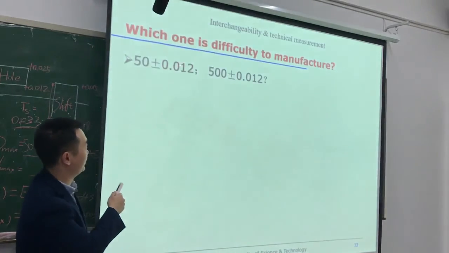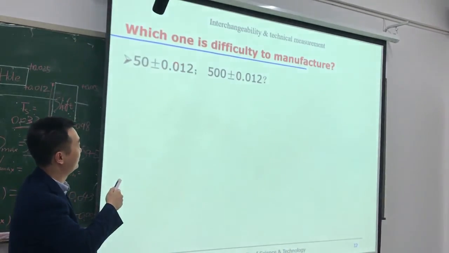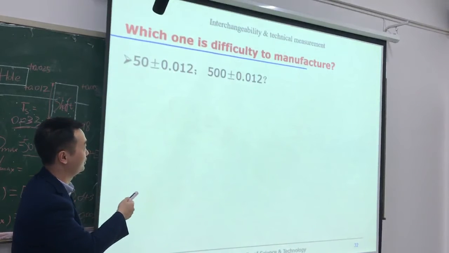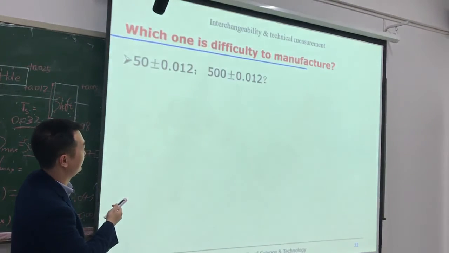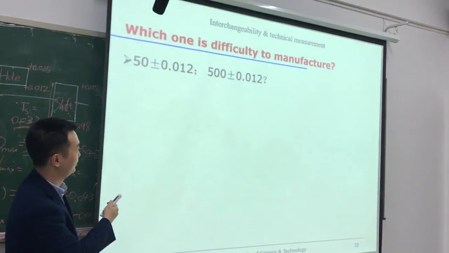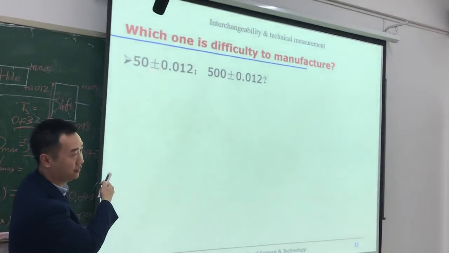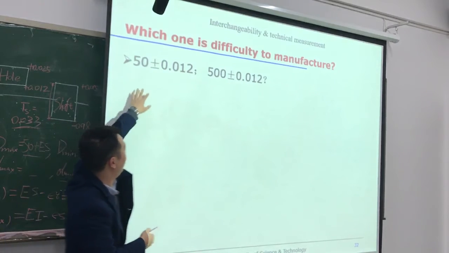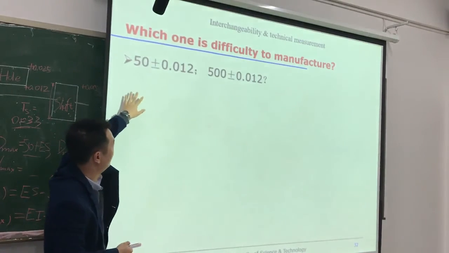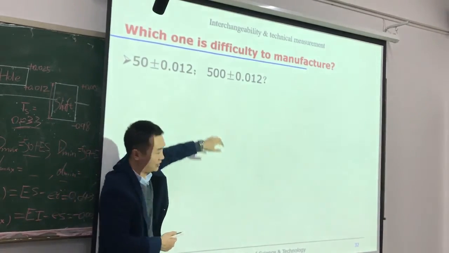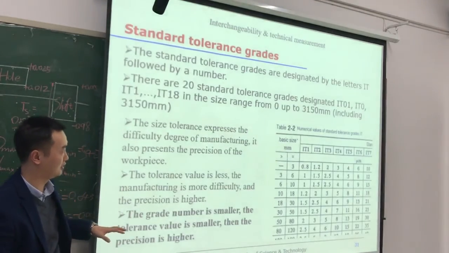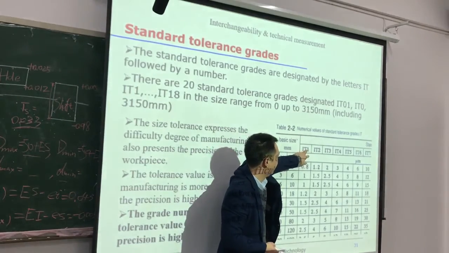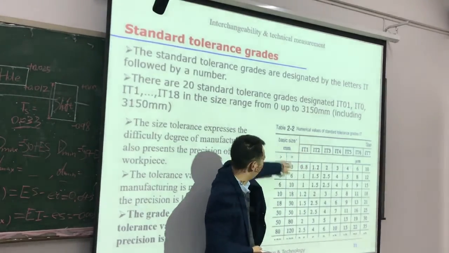They have the same upper and lower deviation, so do they have the same difficulty, or does this one have more? Yes, this one is more difficult. Why? The deviations for these two cylinders are the same, but as I just said, for the same standard tolerance grade, the tolerance increases along with the basic size.